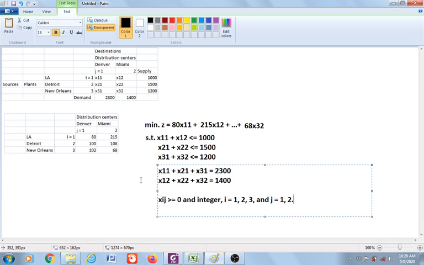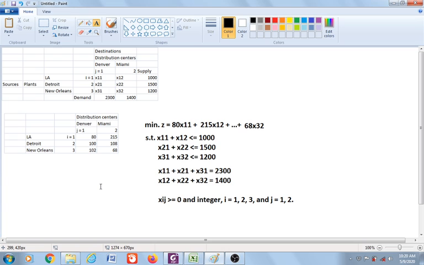So this is the LP model of the problem presented in example 1. This is an example of the transportation problem.